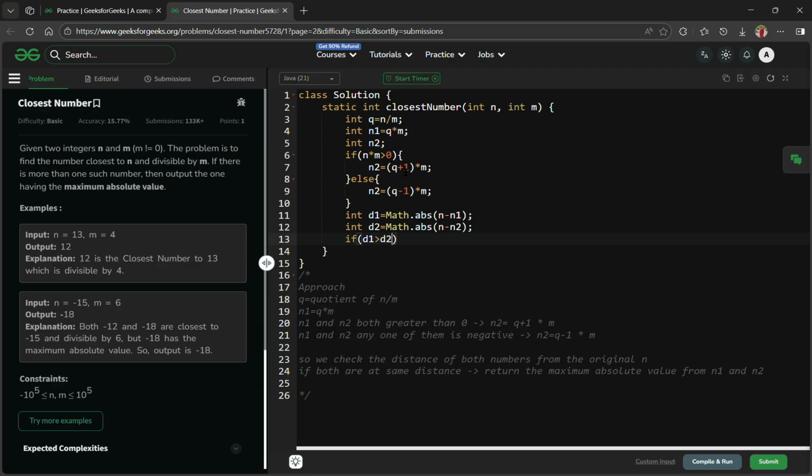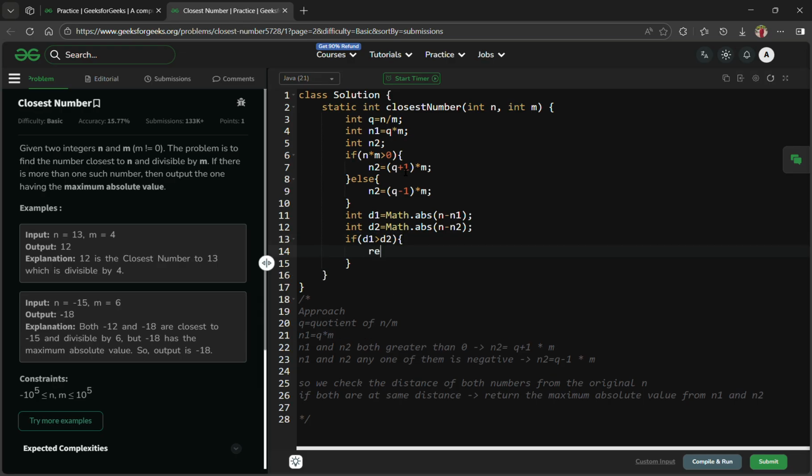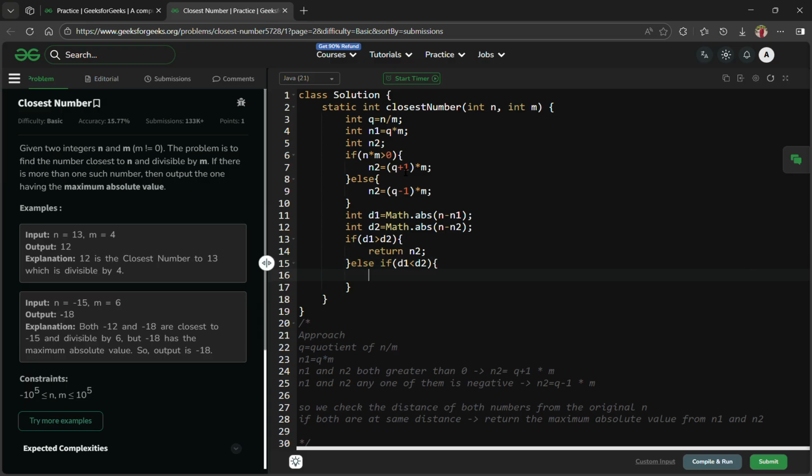If d1 is greater than d2, then the closest number is at distance d2, which is n2, so return n2. Else if d1 is less than d2, then return n1.